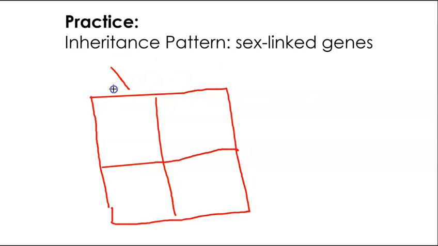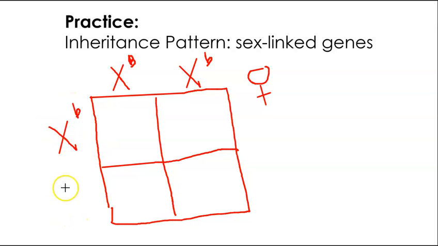So let's put 2 X's because she's female. She has a big B and a little b. This is mom. And dad is actually colorblind, so he will have the recessive allele on his X chromosome. So he will be X little b. And then Y because he is male. This is dad right here.